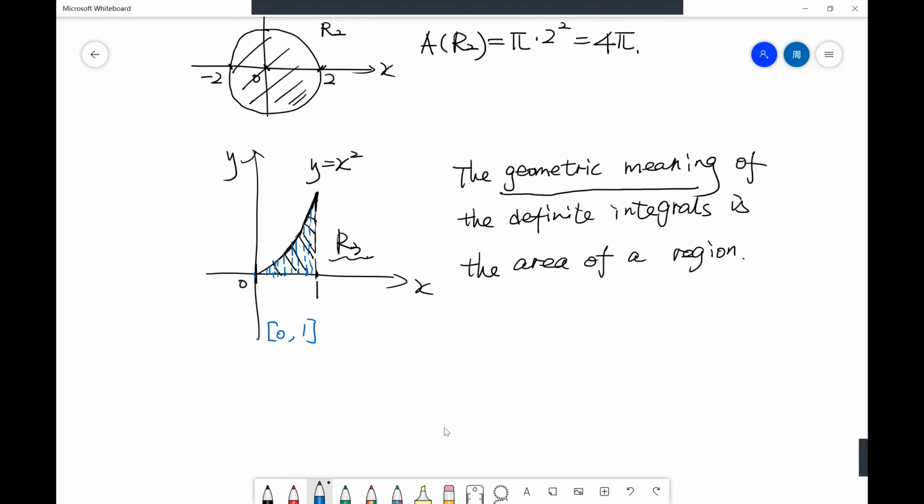And then we can estimate the area of the small parts. And then we can calculate the summation of the small parts. And then we get the limit. So we can get the area of this region. And the 4 steps I have talked about: the first, that is partition. The second, that is estimation. The third, that is summation. And the last, to get the limit.